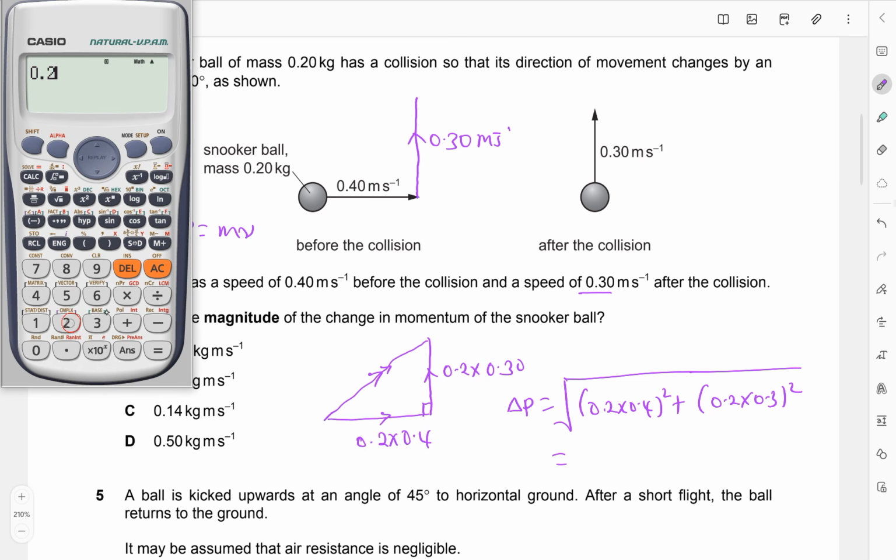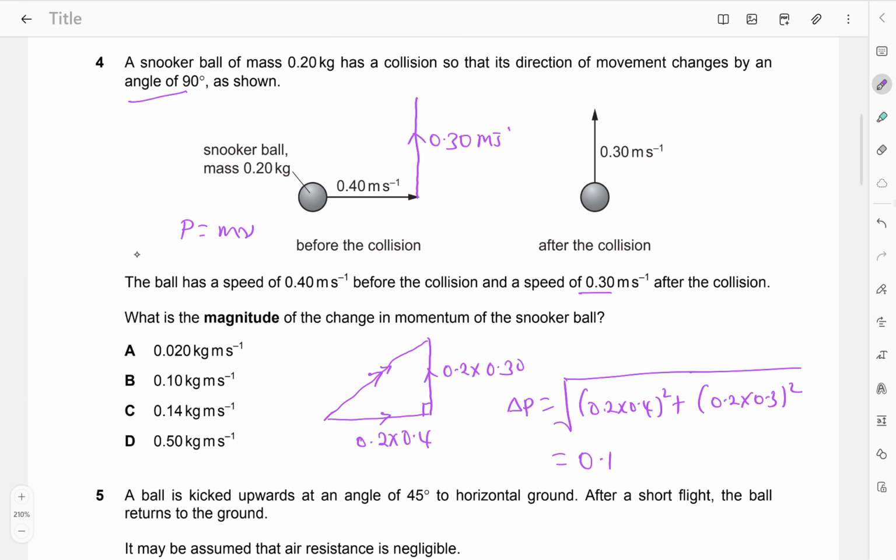I will have 0.2 times 0.4, squared, plus 0.2 times 0.3, also squared. Then I find the square root of the answer, which is going to give us 0.1. So the change in momentum is 0.1 kilogram meters per second, because it's mass times velocity. So our answer is B.